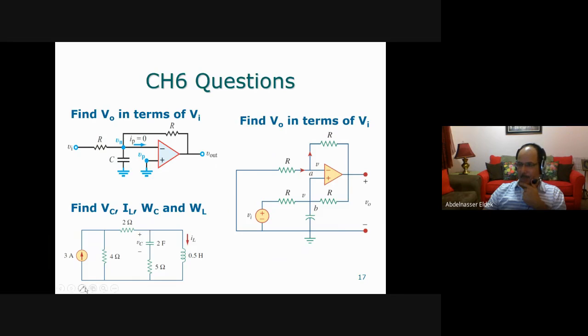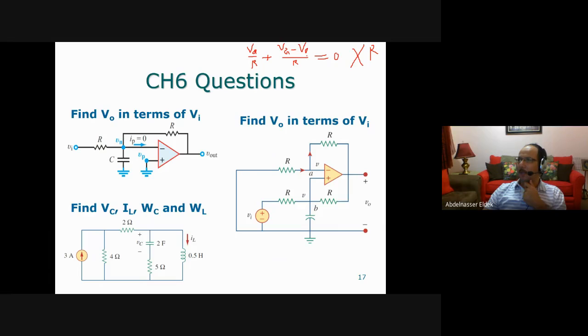So if you want to write it, here it is VA over R, because it is minus 0, which is the first current, plus VA minus Vout or VO over R equals 0. Of course, you can multiply by R to get rid of it.